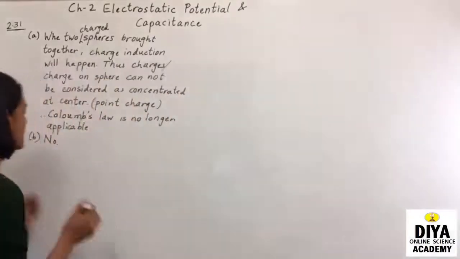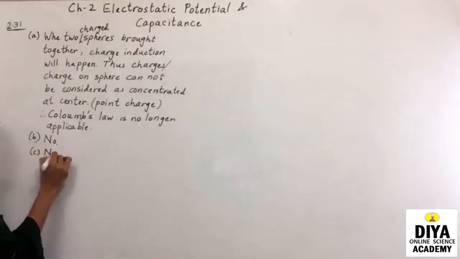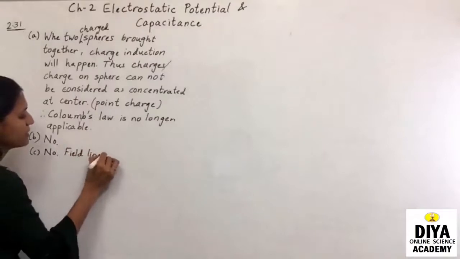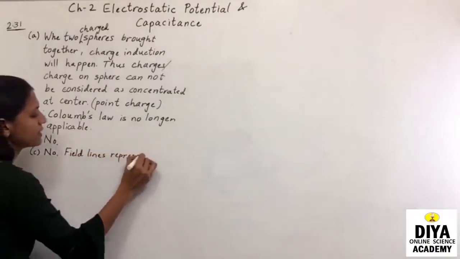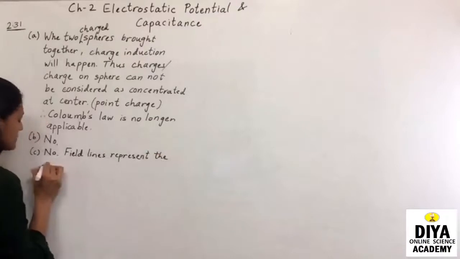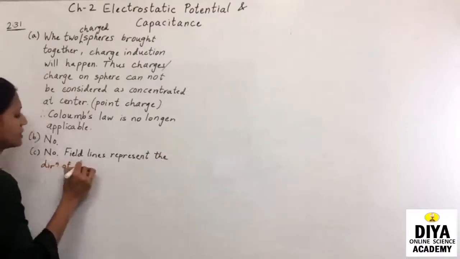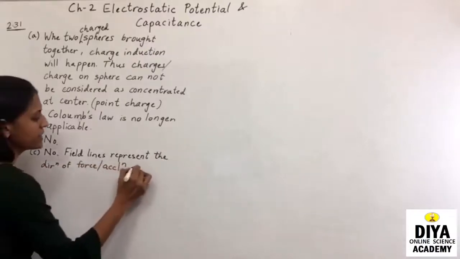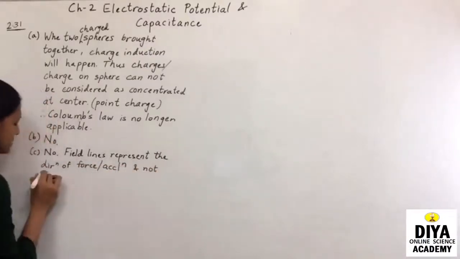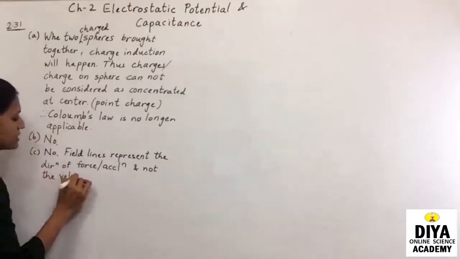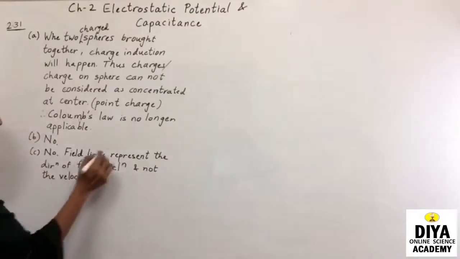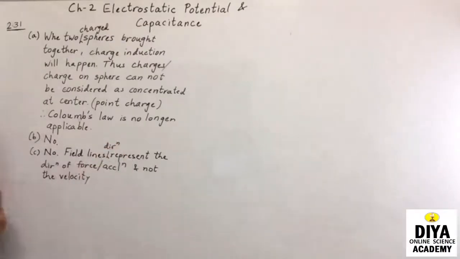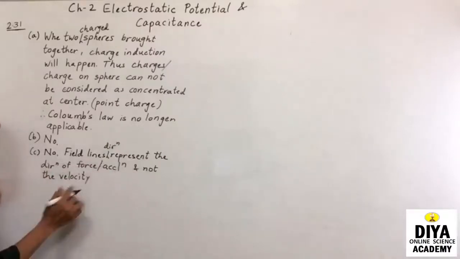So here also the answer would be no. The reason is field lines represent the direction of force or acceleration and not the velocity. Field line direction represents the direction of force or acceleration and not the velocity.